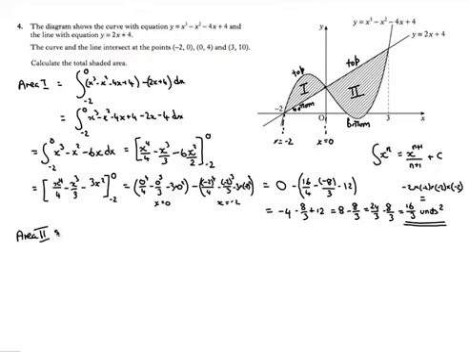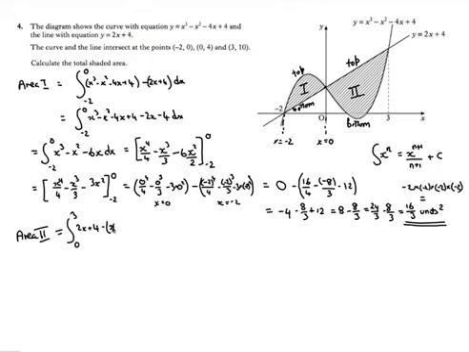Let's set up the integral. So this time integral from 0 to 3. Top curve this time is 2x plus 4 minus bottom curve this time, bottom curve this time is the cubic expression.